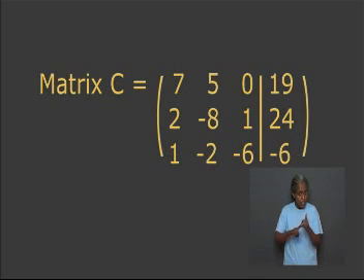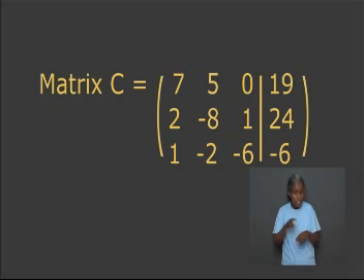Finally, here is the matrix for the third system. Did you remember to put in a 0 value for the Z column of the first equation? Good work. You can find more examples of these matrices in your textbook on page 247.